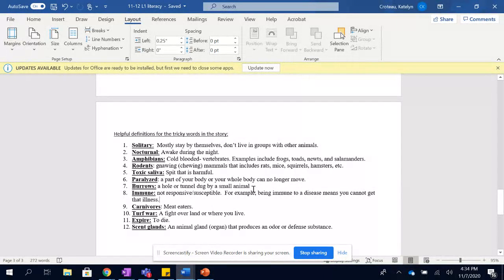So what that means is like if, for example, you are immune to a disease, it means you can't get that disease. So you're not able to get it. In this case, they used immune as they're not responsive to their own venom. So their own venom does not harm them.